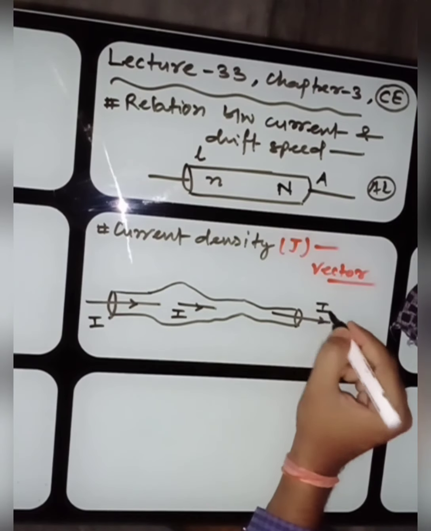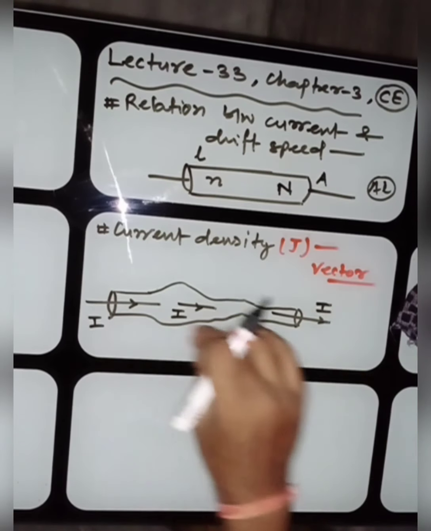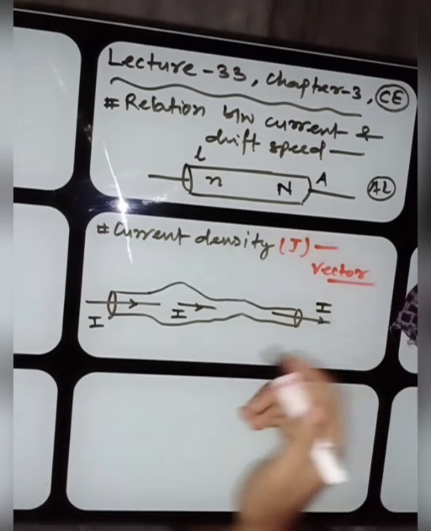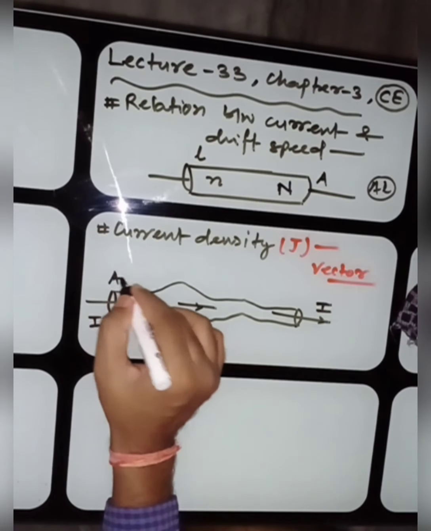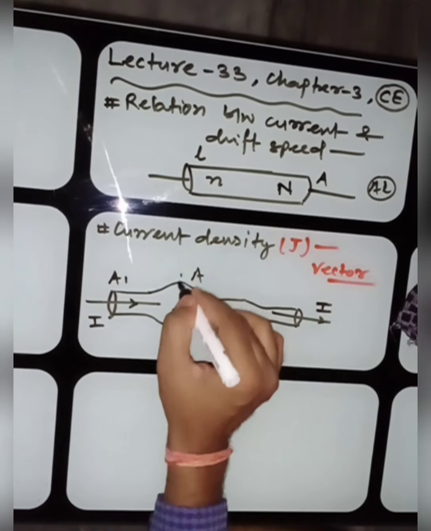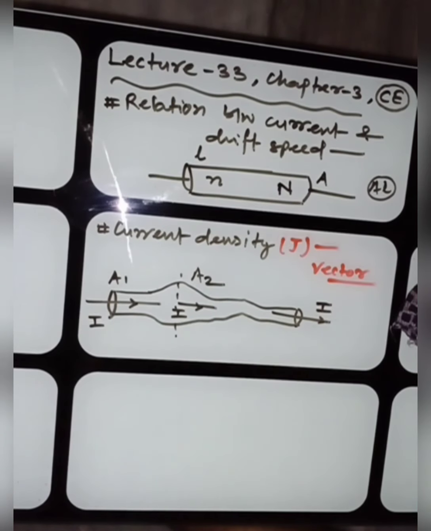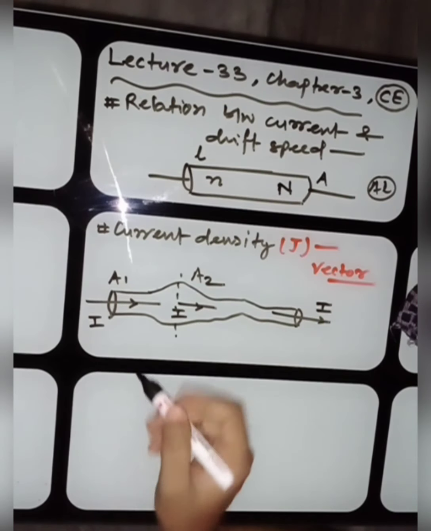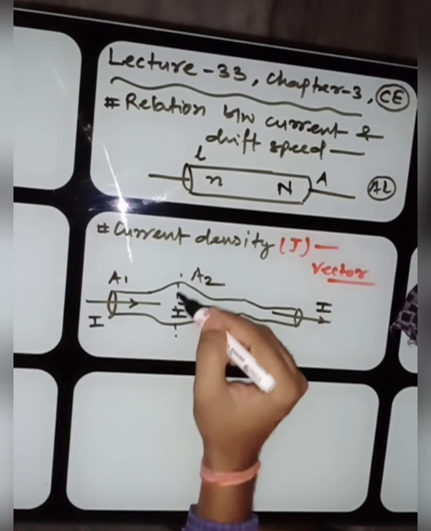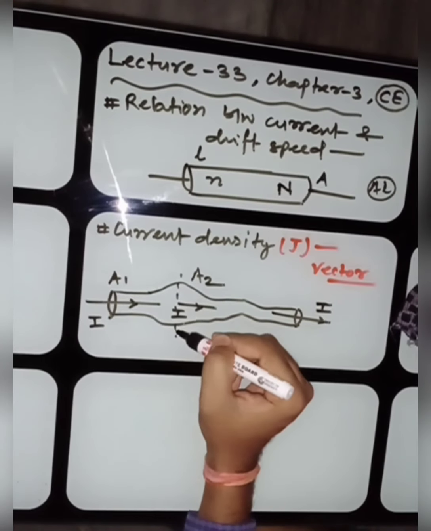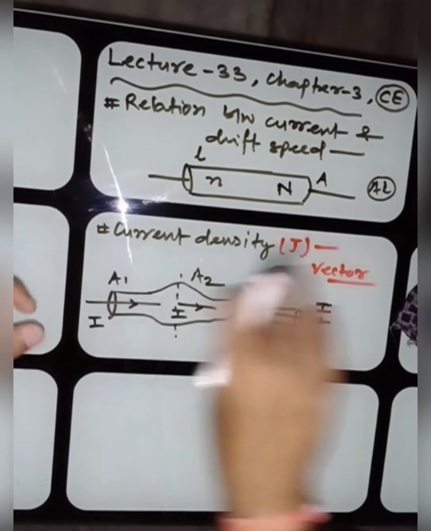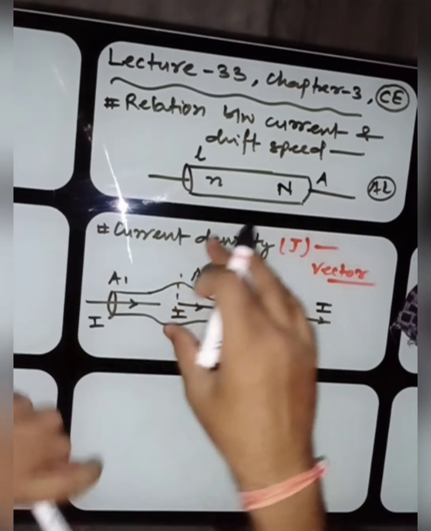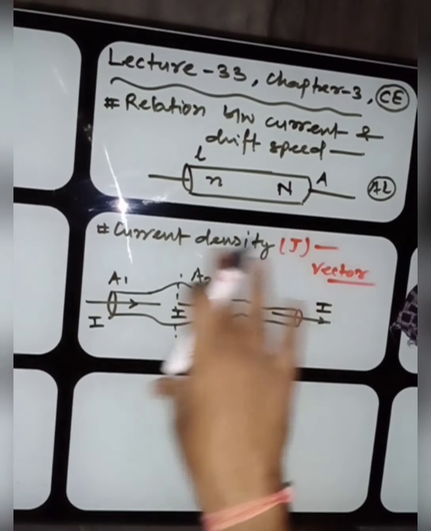Whatever may be the dimension here, current will be constant. Suppose the cross-section area here is A1, here it is A2. What will happen? In this particular cross-section area and in this cross-section area, the number of charges crossing in a particular time will change.